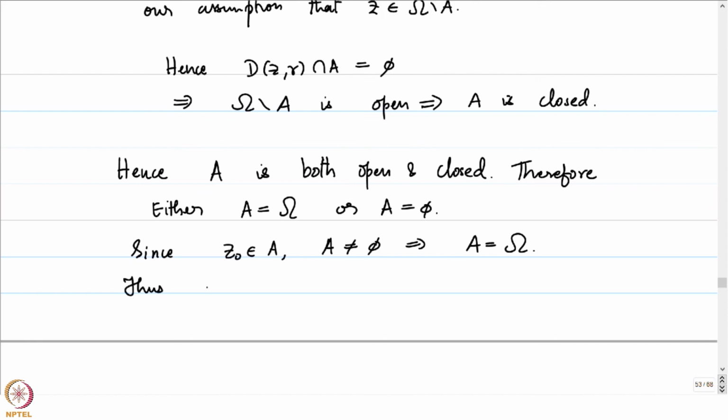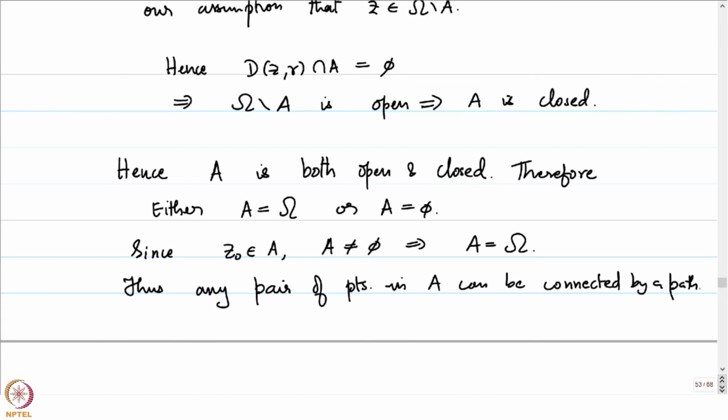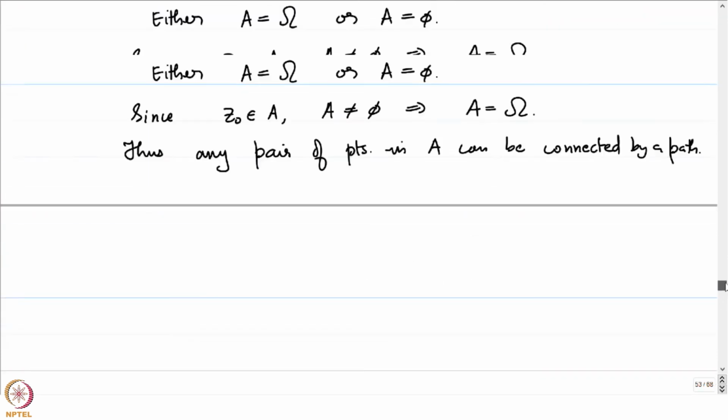Thus, let me not elaborate, any pair of points in A can be connected by a path. Therefore, we have now a characterization of connected open sets.